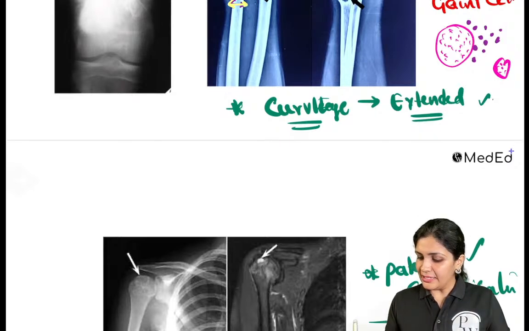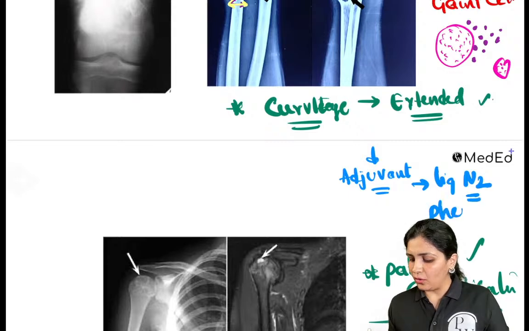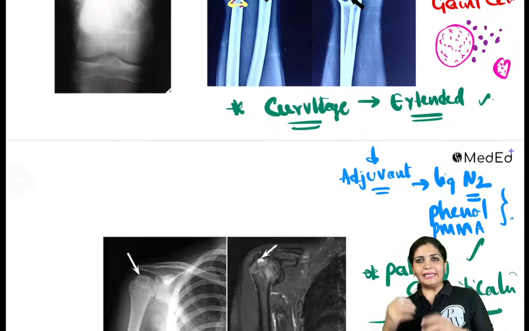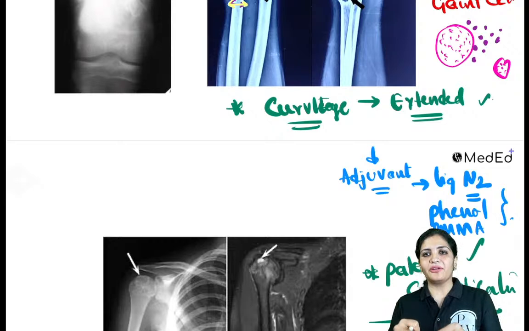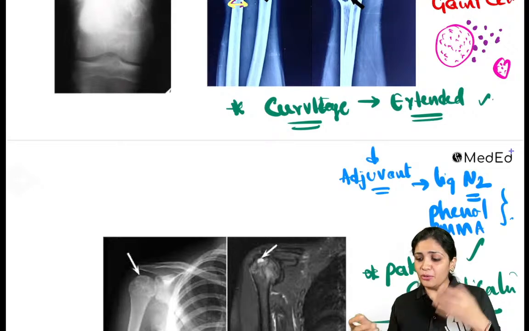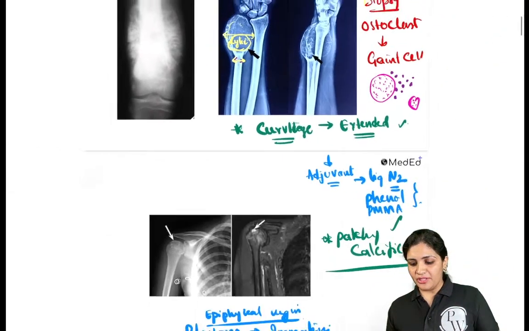It means that some adjuvant has been added, and this could be in the form of liquid nitrogen or phenol or bone cement. So you remove the tumor completely, and now you put into that cavity the liquid nitrogen or the phenol or the bone cement. Usually we do bone cement or bone grafting together. So now we try to close that particular cavity, right? So this is about the tumor.